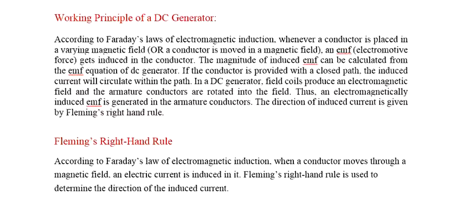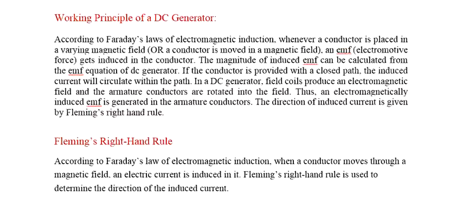So, what is the main principle of operation of this DC generator? That is again Faraday's law of electromagnetic induction. So, as per this, whenever a conductor is placed in a varying magnetic field or a conductor is moved in a magnetic field, that means whenever you have a relative motion between the magnetic field as well as the conductor, whether the conductor is moved in a stationary magnetic field or a conductor is placed stationary in a rotating magnetic field, anything is fine.